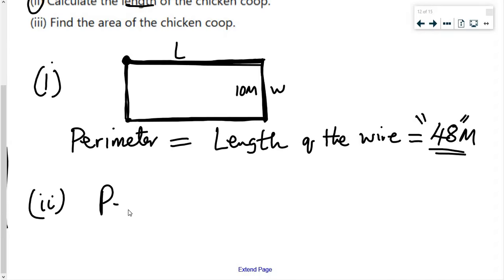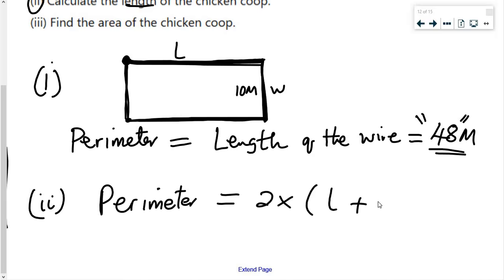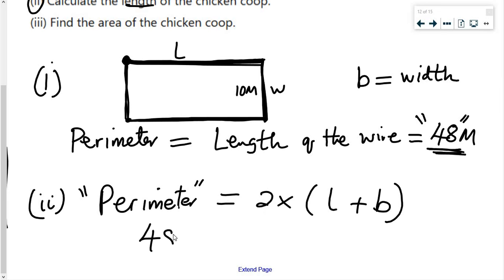We know that perimeter equals 2 into L plus B. B is for breadth, and breadth is the same as width. But the perimeter is 48. So right here, 48 equals 2 into length. We don't know, length is question mark. So put question mark plus B for breadth or width, which is 10.